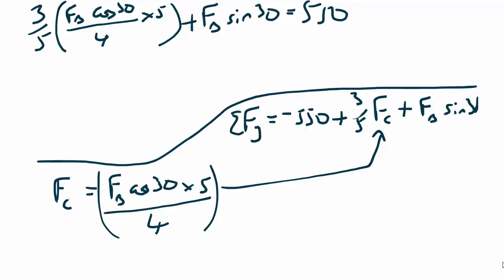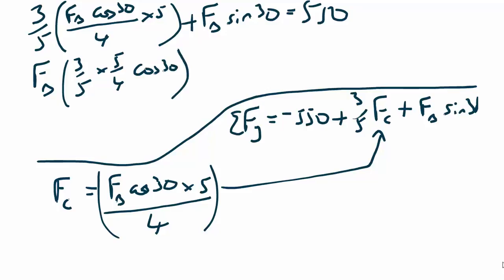So I can then take FB out as a factor. I can rearrange that. So I'd have FB brackets 3/5 times 5/4 cos 30, to the bracket, plus sin 30 equals 550.